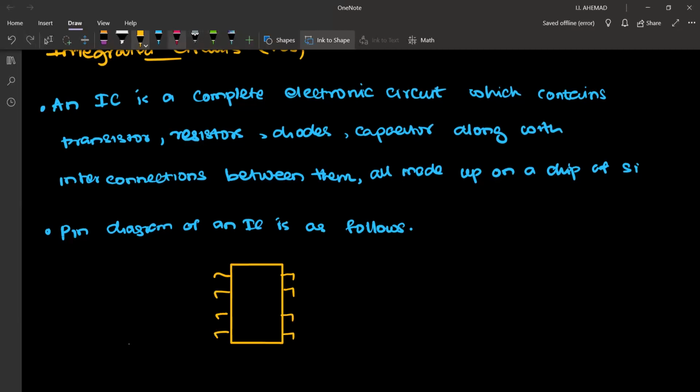These legs have numbers. Using the number, we know what to connect to that terminal. To count that number, on one side we will have a dot. From that dot, we start to count: 1, 2, 3, 4, 5, 6, 7, 8. So that is how we number a chip.